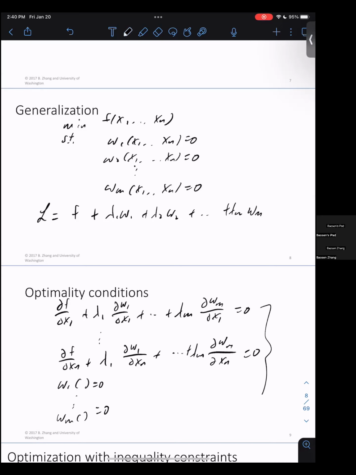So together you have n plus m equations and n plus m variables. Okay, so same number of equations and variables, and again you can solve the system of equations.